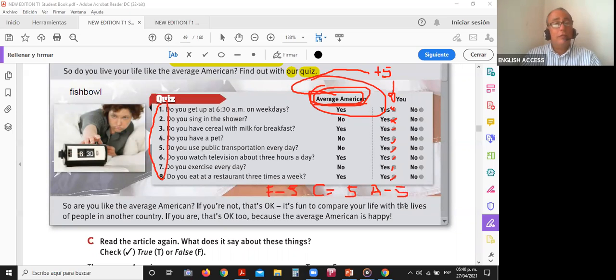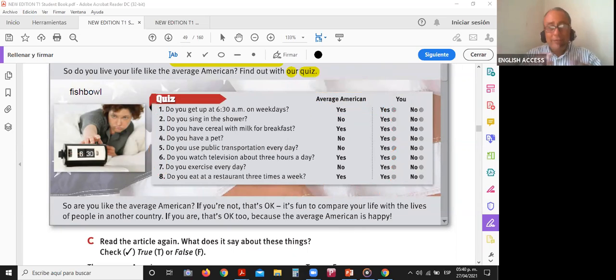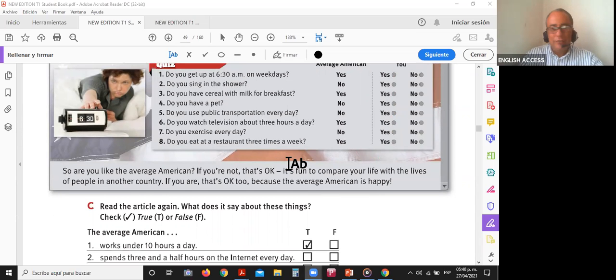Okay. So you are like the average American, very similar to the people that live in the United States. And we all, I think, are like that, because sometimes you sing, sometimes you use public transportation, and so on.